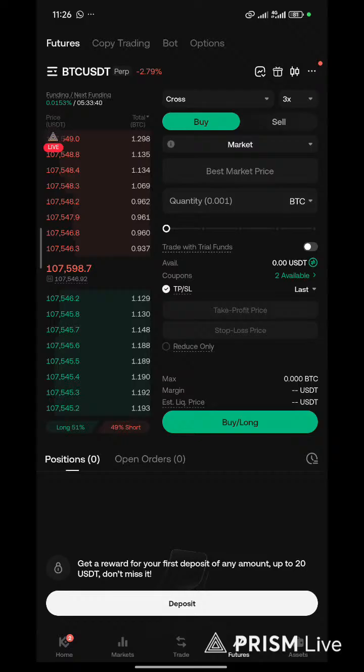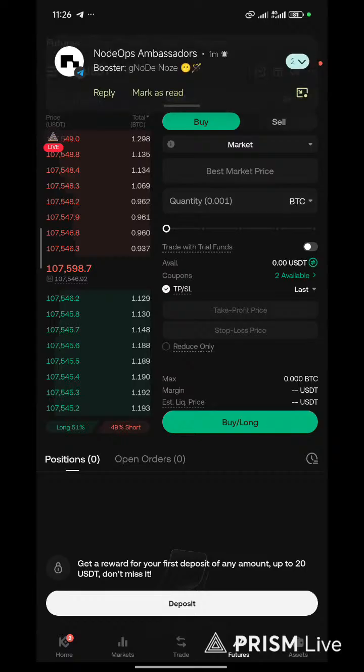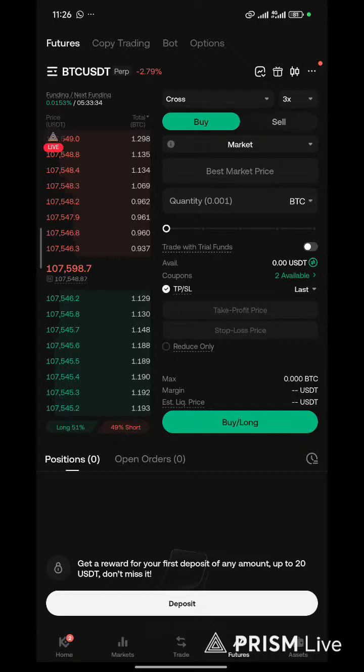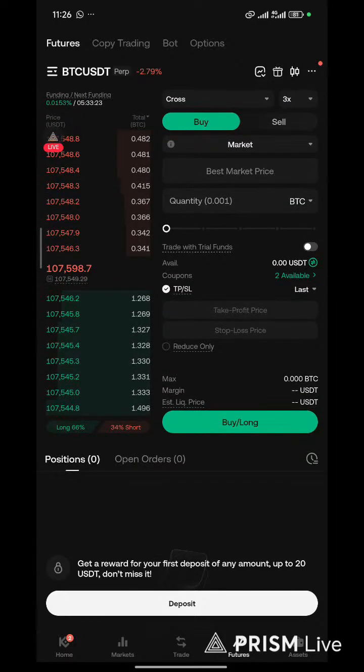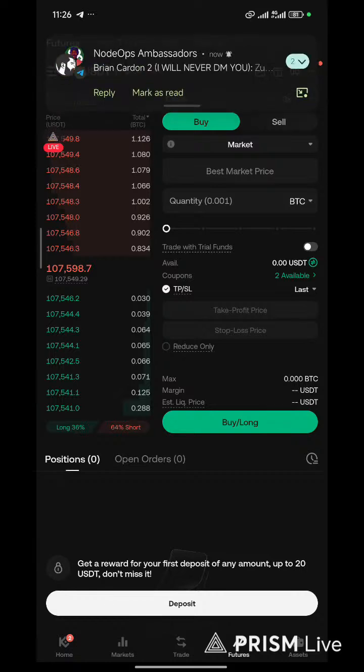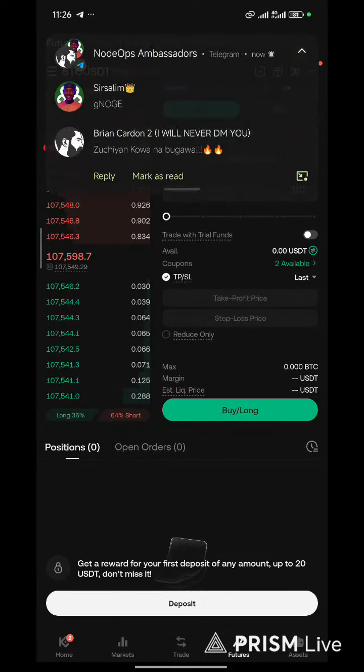All right, so now I'm going to identify it. I've seen it in a book, but it's hard for me to identify it on the chart. So I'm going to show you the most important things you need to identify it.